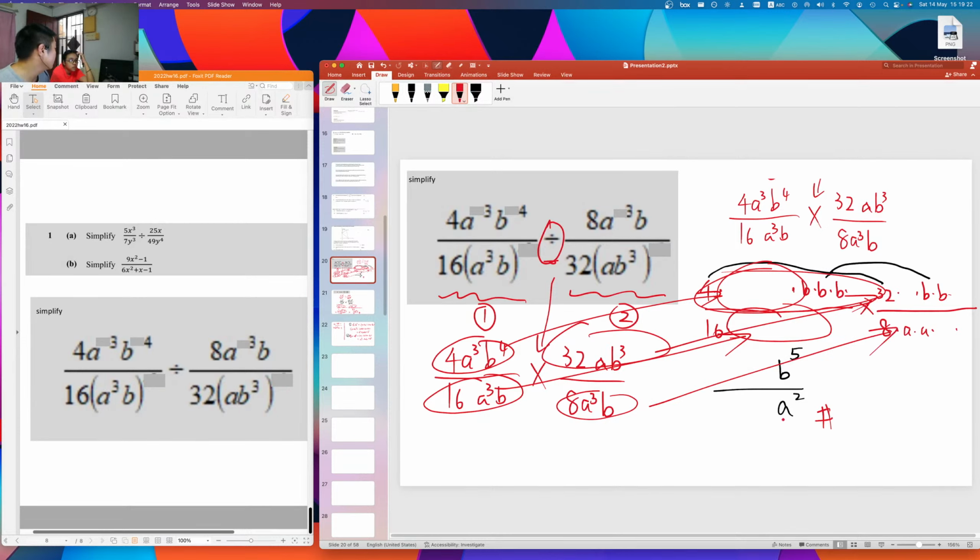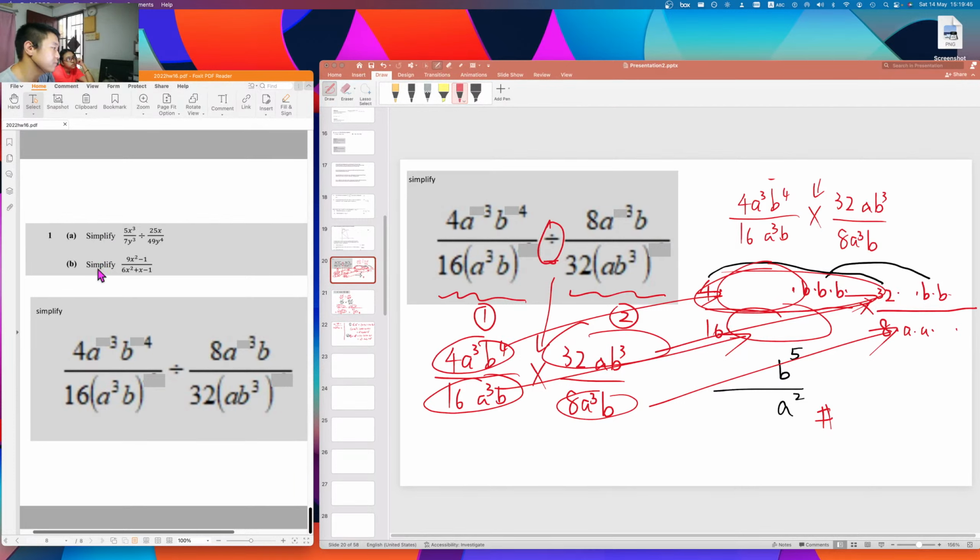Why expand? Why do you want to expand? To cancel. Yeah. Expand to see if there is an opportunity for you to cancel. Because if you can cancel, that means it simplifies your question a lot, right? So whenever you come to a simplify question, can you see the word simplify?